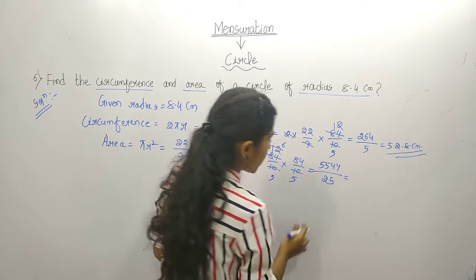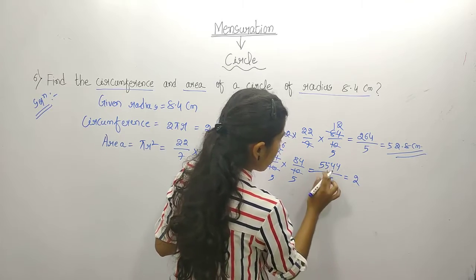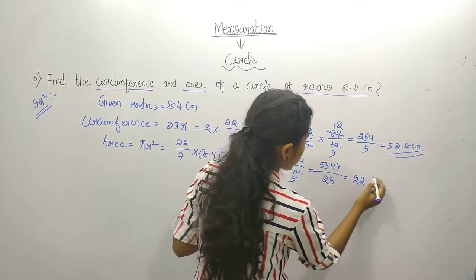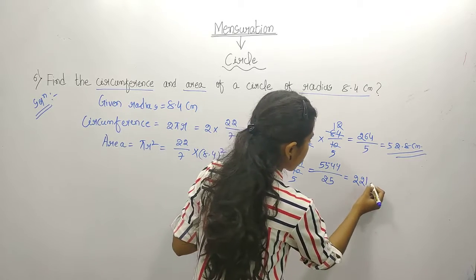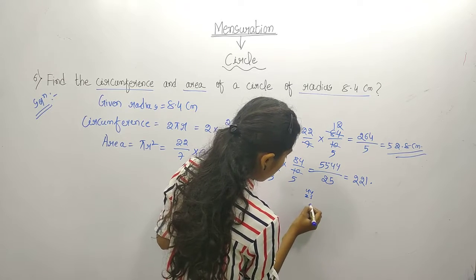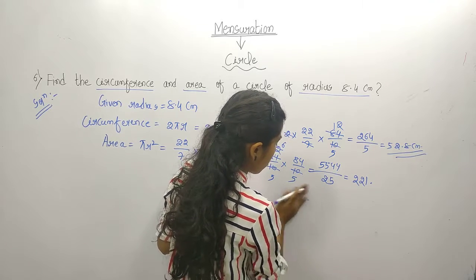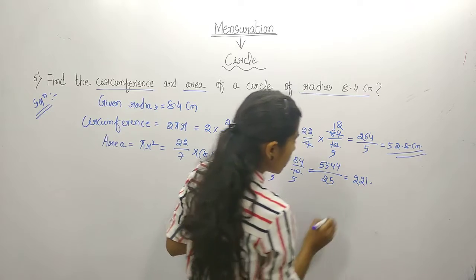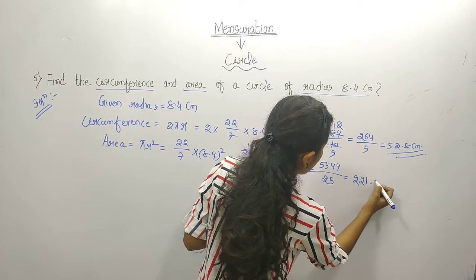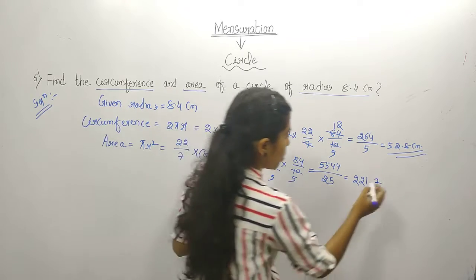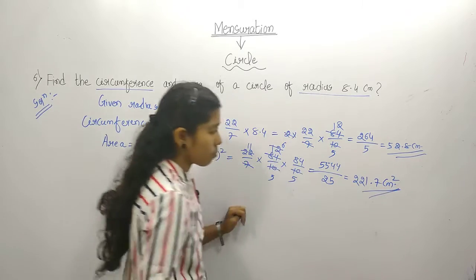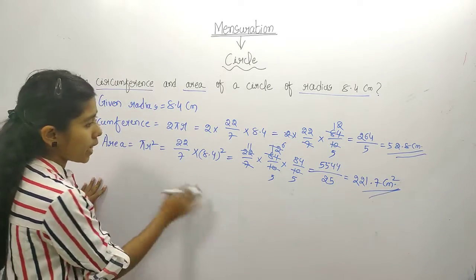Dividing by 25, we get 221.7 cm square. This is the area of this circle.